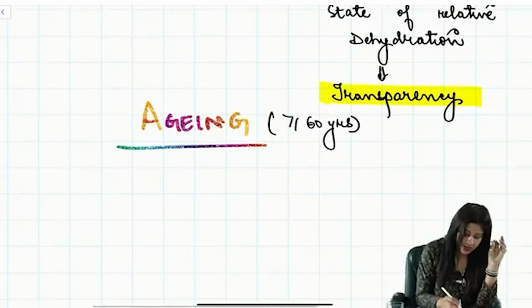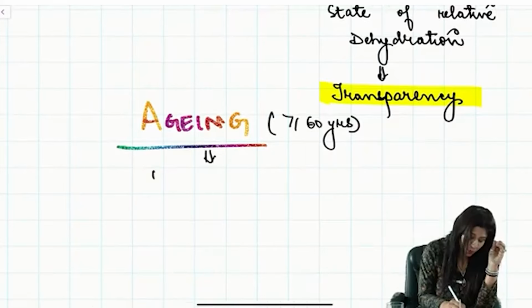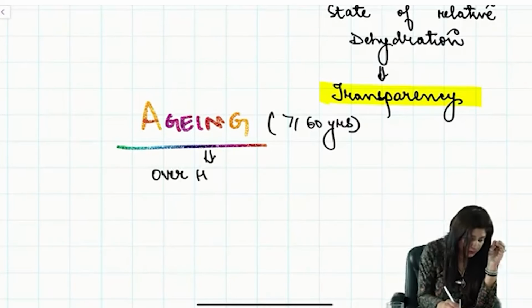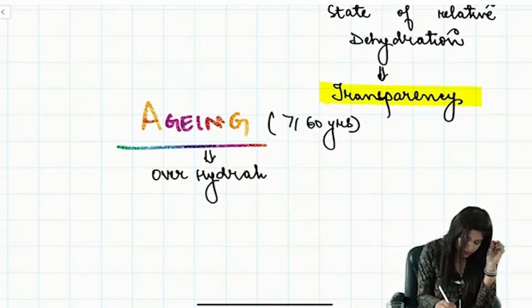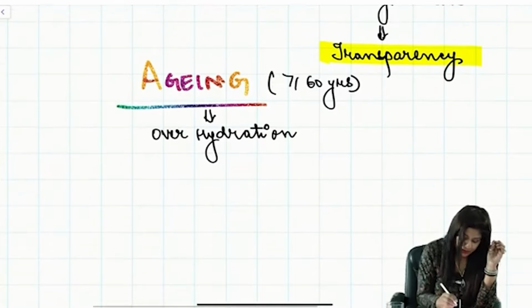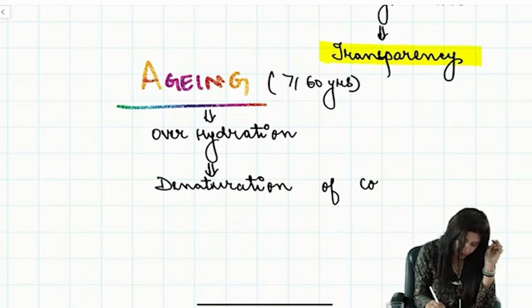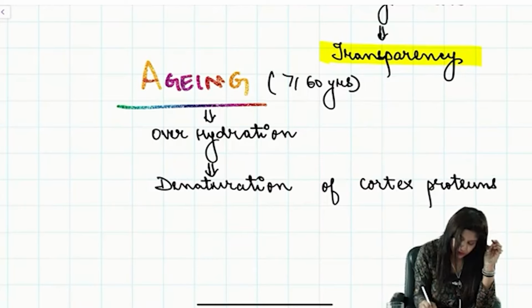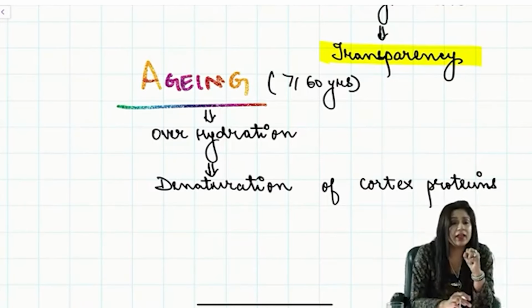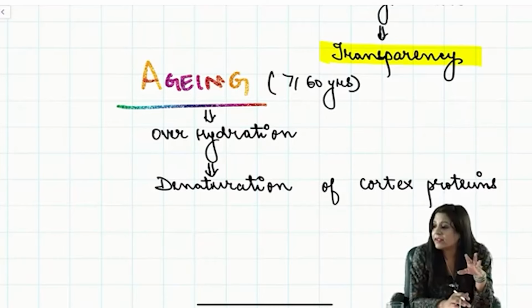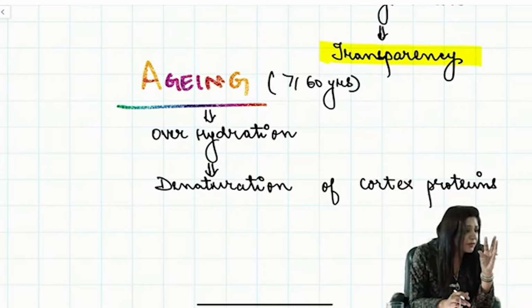So it is aging which will lead to the overhydration. Overhydration will lead to the denaturation of the cortex proteins, क्योंकि these proteins were crystalline. So when there is overhydration, proteins denature होंगे. जैसे when you boil the egg, तो देखा है egg के अंदर भी we have proteins.